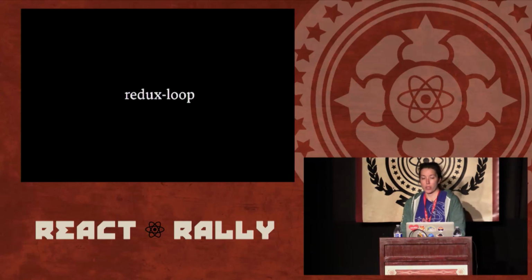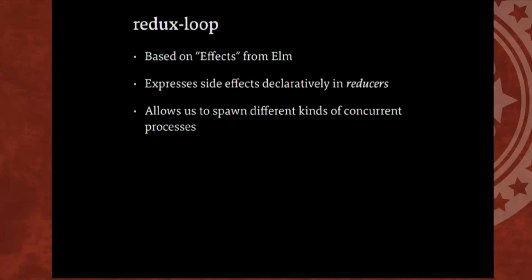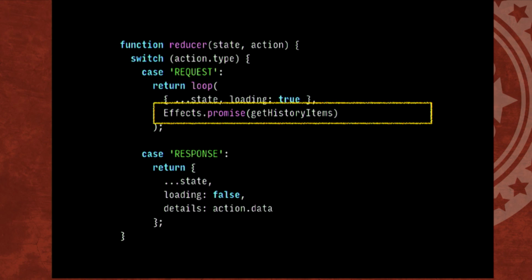One more project very quickly I think you should have a look at, which has a different approach, is Redux Loop. It's based on some concepts from Elm, which is this concept of effects. Instead of letting actions declare side effects, as in our meta thing, Redux Loop actually declares them in reducers. I know it seems weird, and at first glance you're like, hang on a second, doesn't this make your reducers impure?